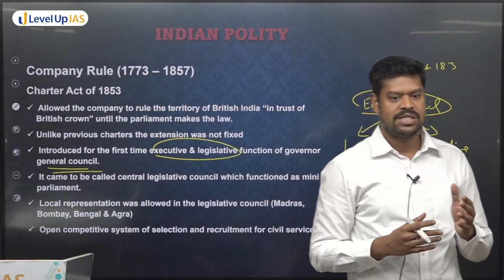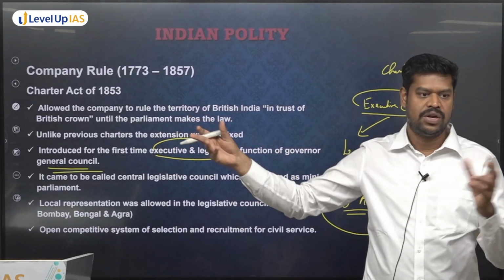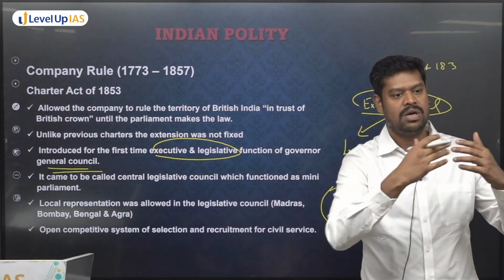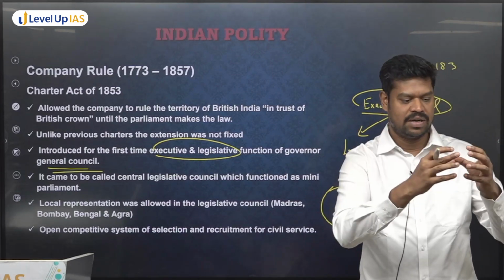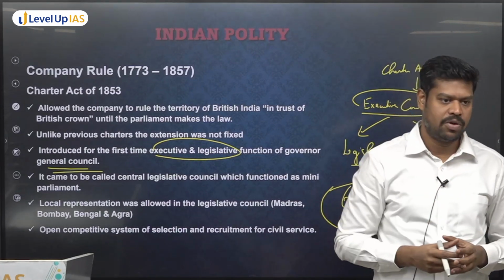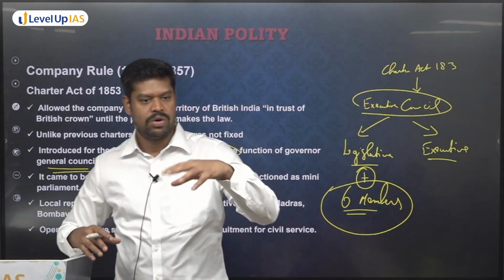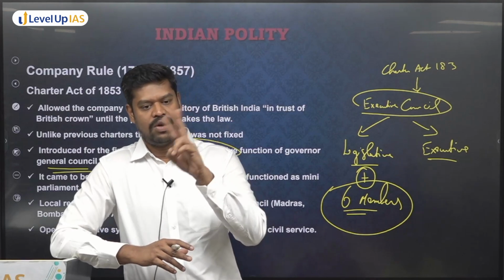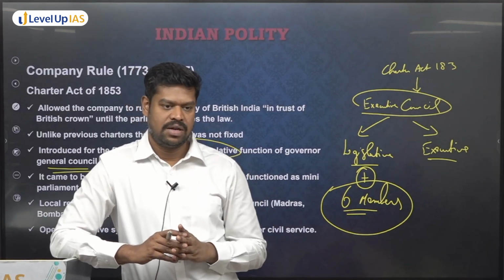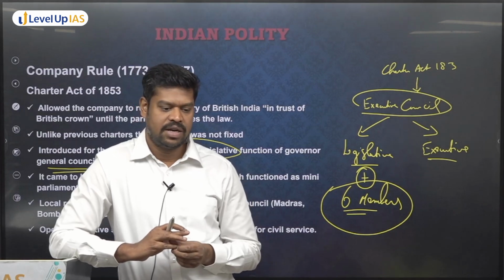So you can understand that what started in 1853, separate bodies for legislative and executive functions, kept on increasing over a period of time, and it resulted in the kind of parliamentary democracy that we have presently. So the reforms majorly revolve around the councils. That is why they are called the Council Acts. And then we have the two Government of India Acts, 1919 and 1935. Why are they called the Government of India Acts 1919 and 1935?